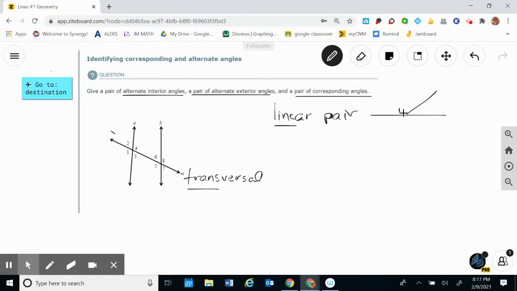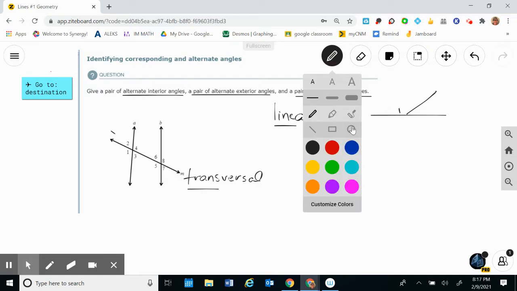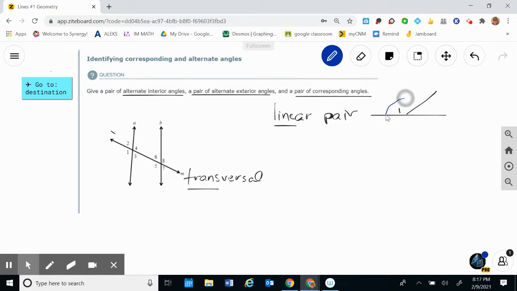Like angle 1, remember the angle is the opening. Angle 1 and angle 2 would be a linear pair because angle 1 plus angle 2 equals 180. You can identify 180 because it's a straight line.